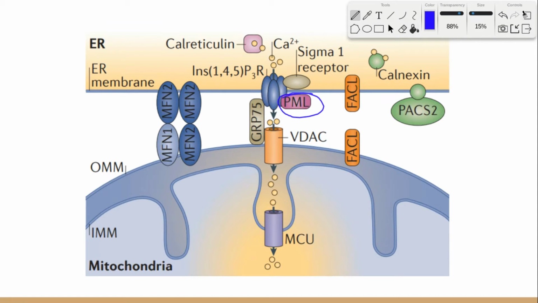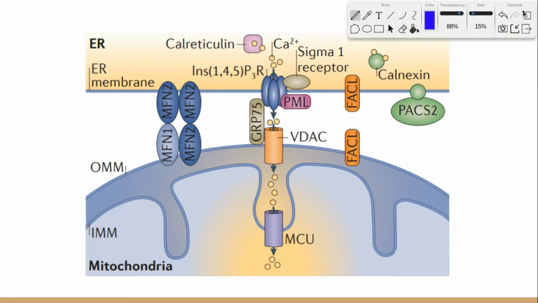So this protein promotes apoptosis, and it's thus a tumor suppressor protein. Specifically, it promotes apoptosis by binding to the IP3R, and it facilitates the transfer of calcium into the mitochondria.